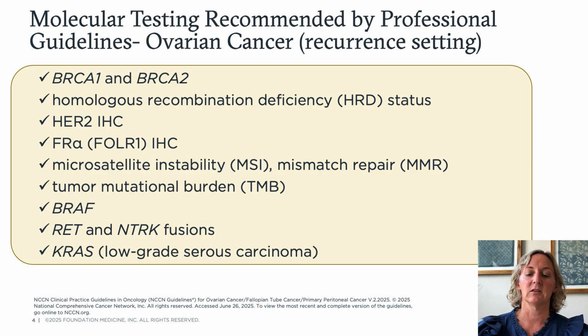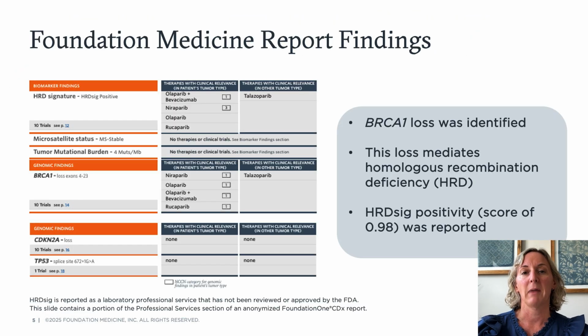Other recommended tests include HER2 and folate receptor alpha, or FOLR1, by immunohistochemistry, both of which can identify patients eligible for targeted antibody-based therapies. It's also important to evaluate microsatellite instability and mismatch repair deficiency, as well as tumor mutational burden, since these can point to benefit from immunotherapy. Together, these guideline-based recommendations highlight how comprehensive testing is moving well beyond BRCA alone, expanding opportunities for personalized treatment in ovarian cancer.